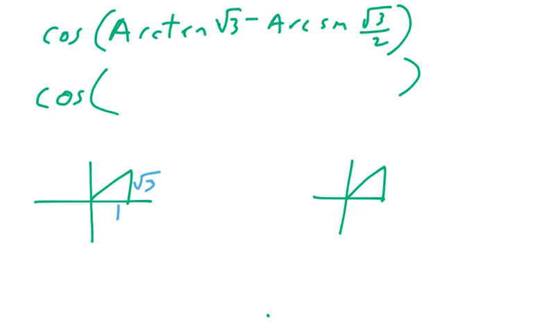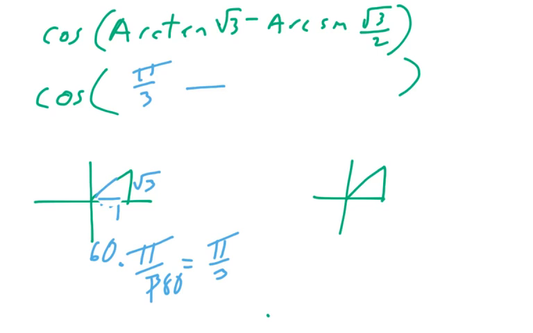So that's the square root of 3 over 1, so that's going to be a reference angle of 60, which turns out to be, multiplying by pi over 180, pi over 3.